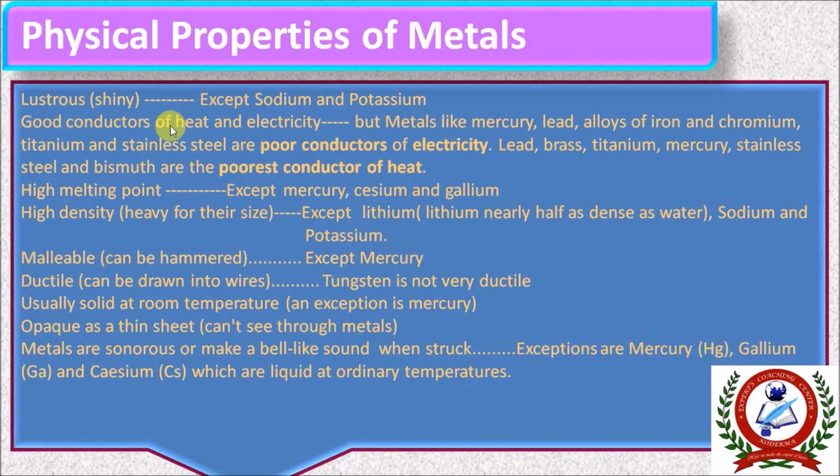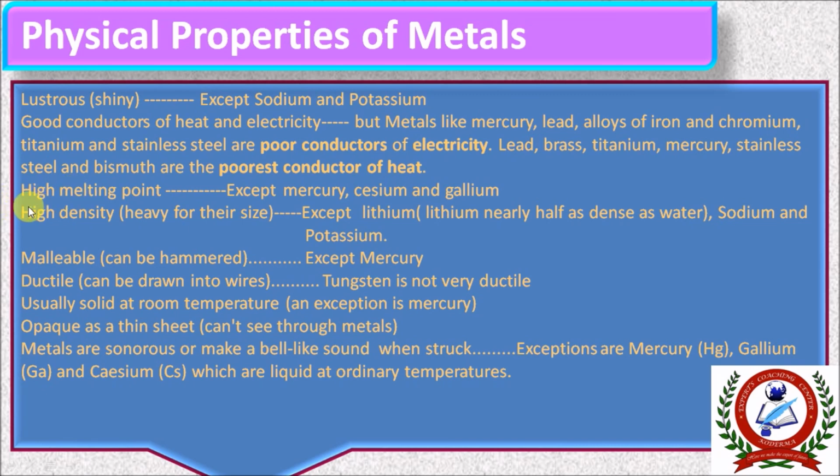Metals are good conductors of heat and electricity, but we have exceptions also, like mercury, lead, alloy of iron, chromium, titanium, stainless steel. These all are poor conductors of electricity. Lead, brass, titanium, mercury, stainless steel, bismuth, these all are the poorest conductors of heat.